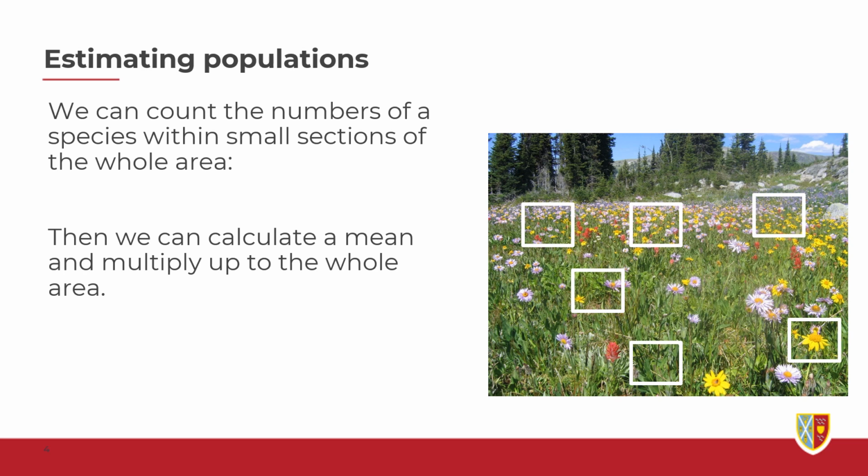If there were an average of 10 daisies per meter squared, so we counted 60 daisies in 6 meters squared, then we're expecting that trend to continue all the way up to 100 meters squared. There's 10 per meter squared, so there would be 1,000 in the whole field. That would be the idea.